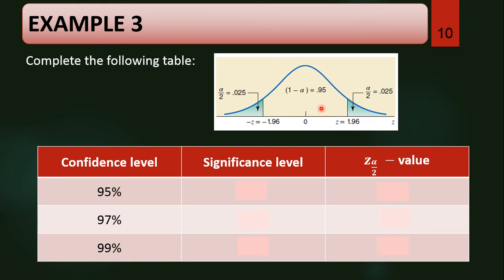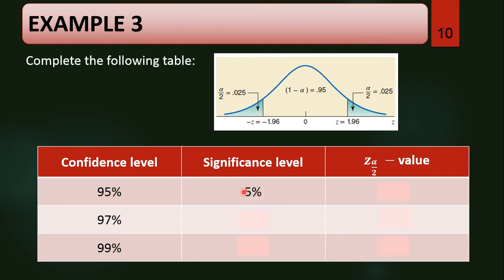If the middle is 95%, the remaining 5% will be distributed equally to the right and also to the left part. Each part will consume 2.5%. So your significance level will be 5%.